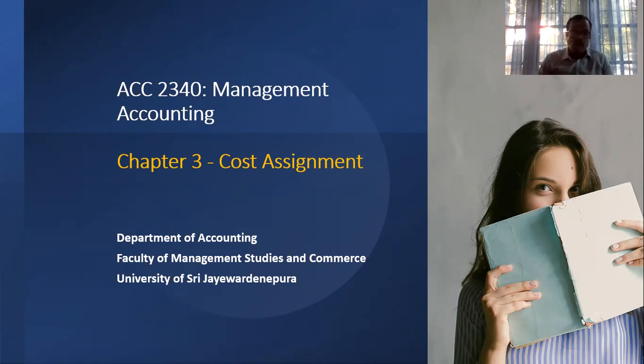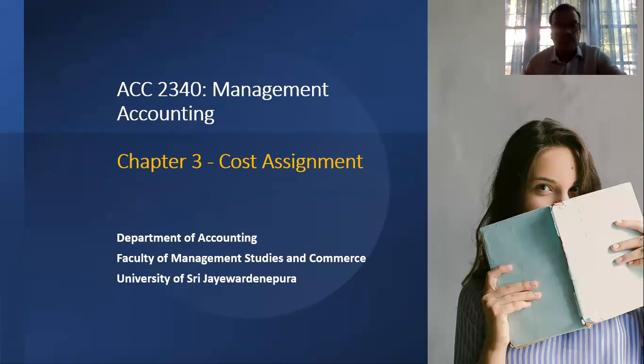Why do we need the word assignment? Assignment is also a normal, general word that you see in English. When you assign something, assigning, the general meaning is setting aside. You set aside something. You assign some money in your day. Just take your day-to-day activities.